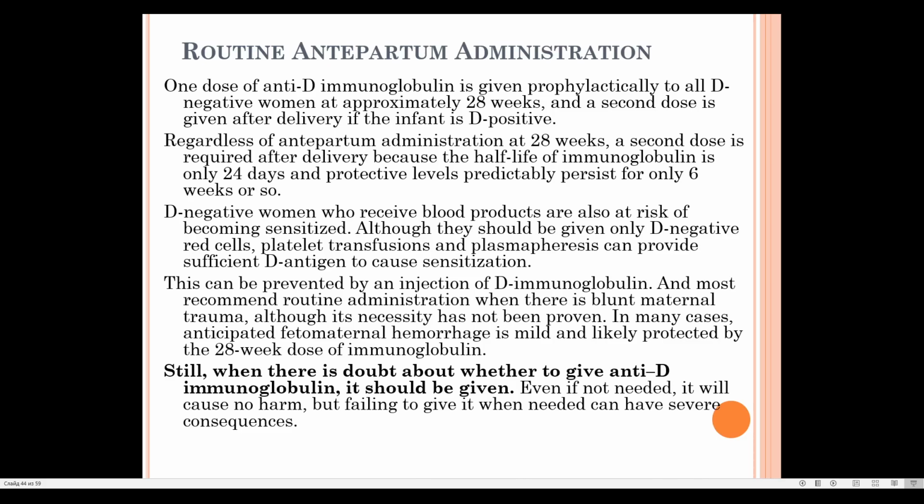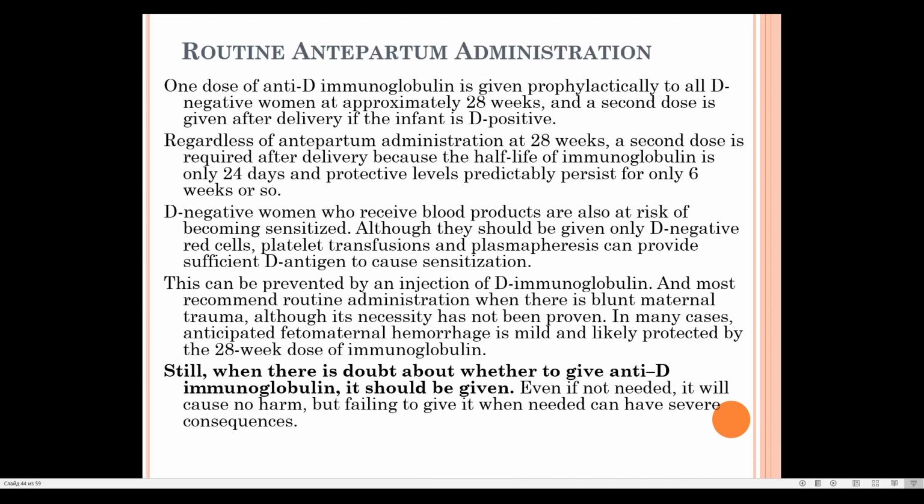Routine antepartum administration. One dose of anti-D immunoglobulin is given prophylactically to all D-negative women at approximately 28 weeks, and a second dose is given after delivery if the infant is D positive.